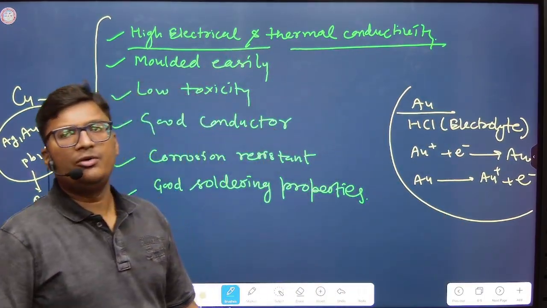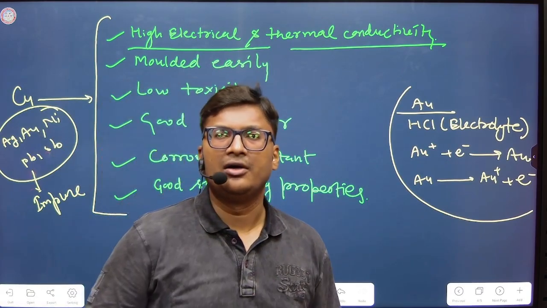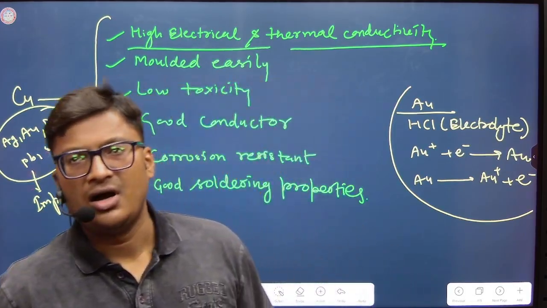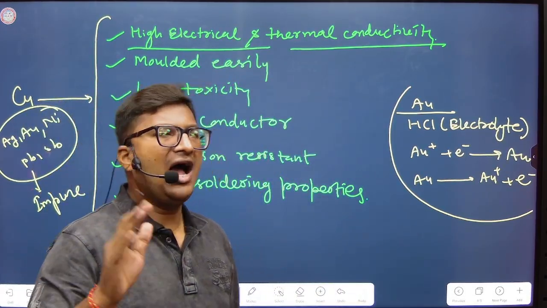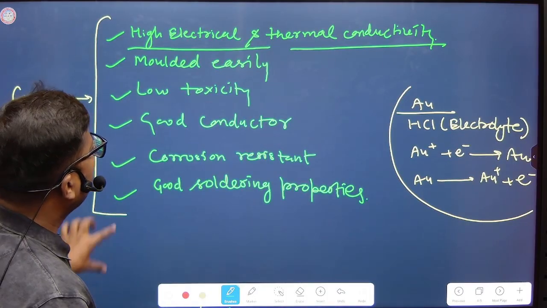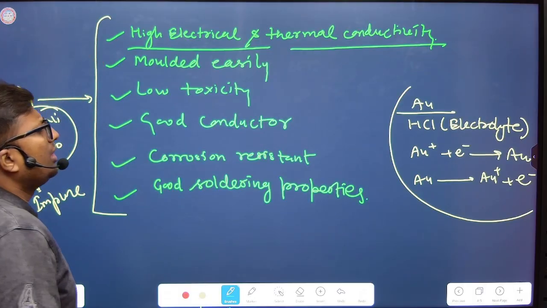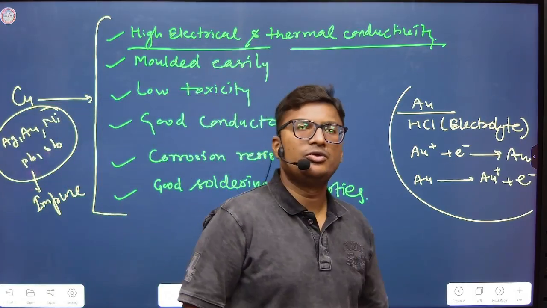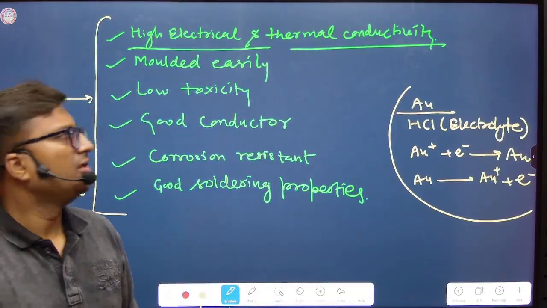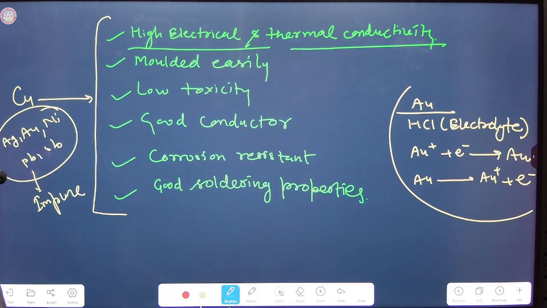The copper which is electro refined from impure copper metal or impure copper alloys will finally have very high electrical and thermal conductivity. So that can be applied everywhere in electronics or electrical engineering.